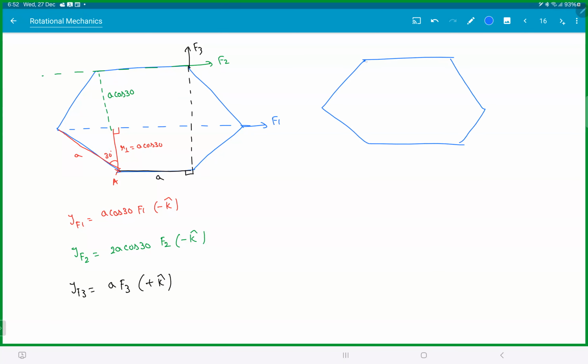Now what's left is F4 and F5. Get them, F4 and F5.